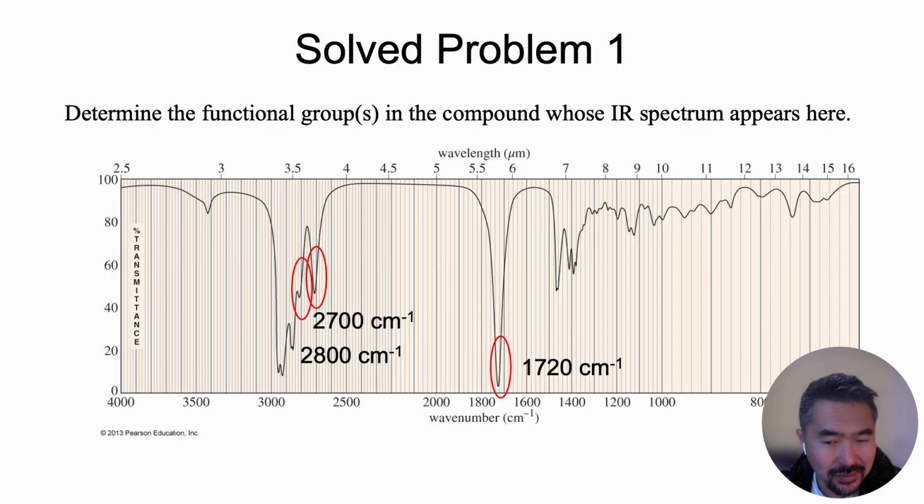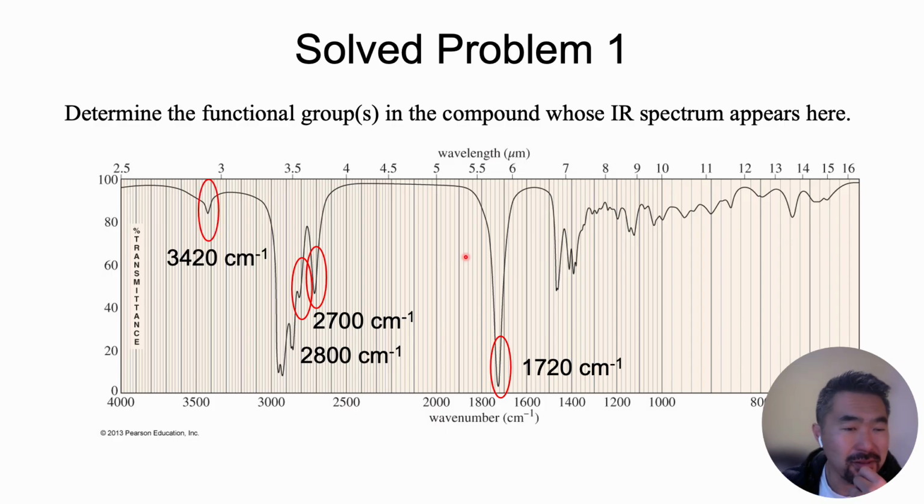Before I say what it is, I hope you have the functional group in mind. On top of it, you have this peak, which may look like an NH peak to you, but remember, when you have a really strong carbonyl peak, often there's going to be an overtone at a wave number about twice the strong signal that you have. You could think of it as an echo of a really strong signal.